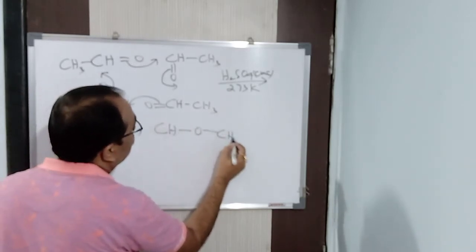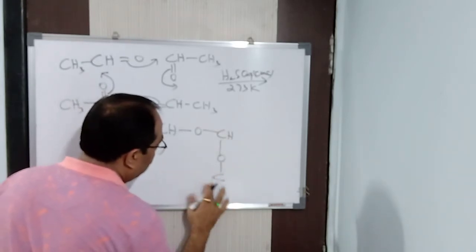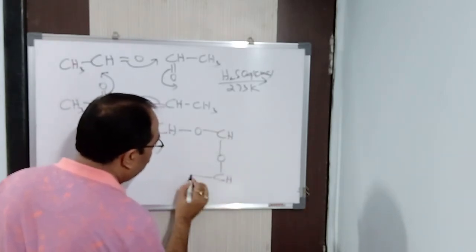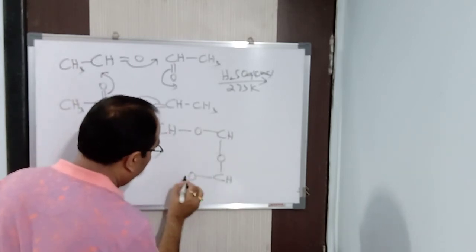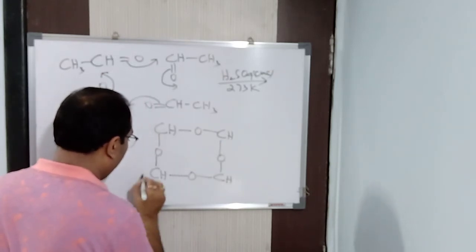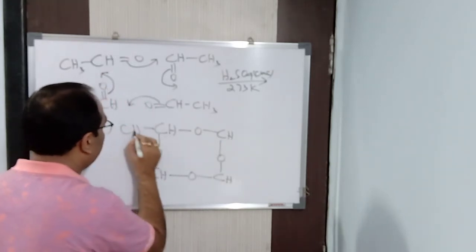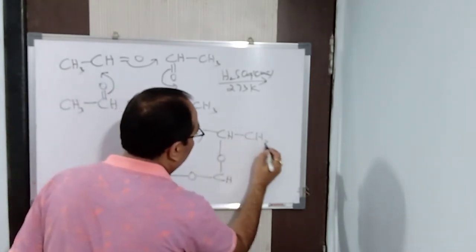CH, then O, then CH, then O, then CH, then O, then CH, and here it is O, and in this way. Now I'll put CH3, CH3, CH3 and CH3.